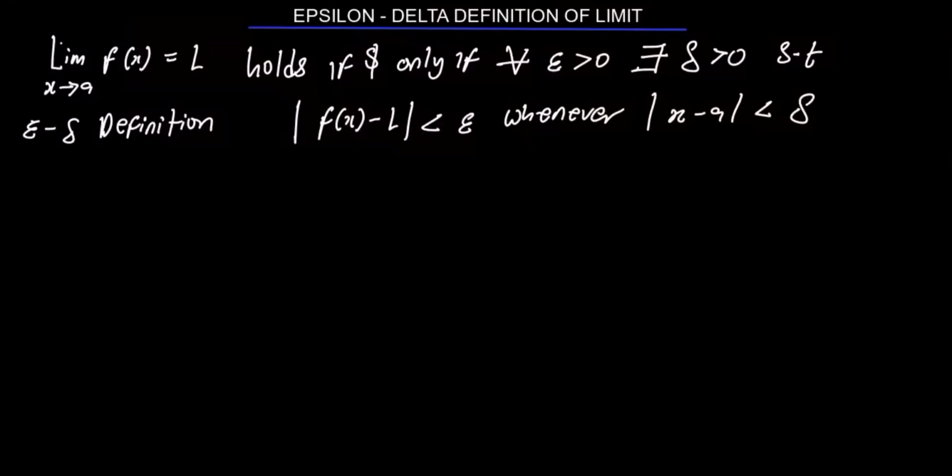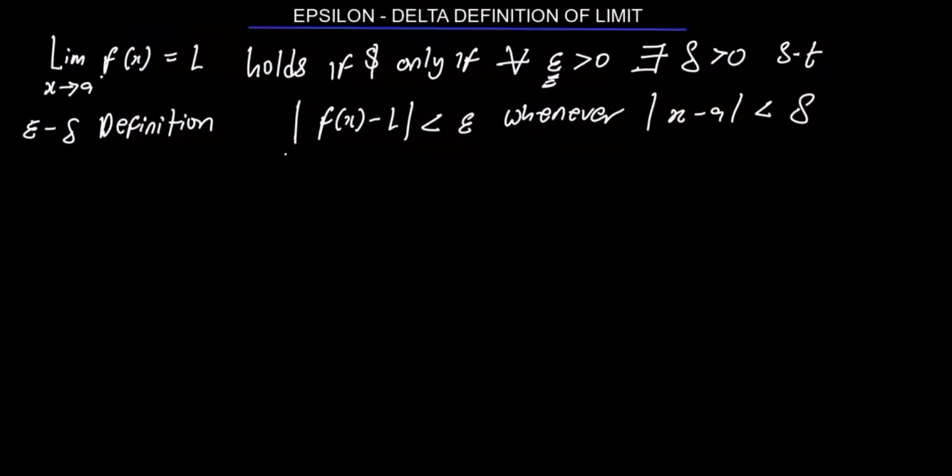It states that if the limit of f of x as x tends to a equals L, the limit holds if and only if for all small values of epsilon greater than 0, there will always exist delta greater than 0, such that the absolute value of f of x minus L is less than epsilon whenever the absolute value of x minus a is less than delta.